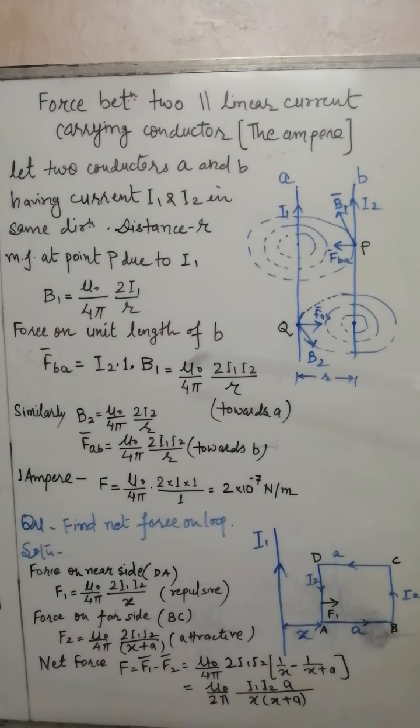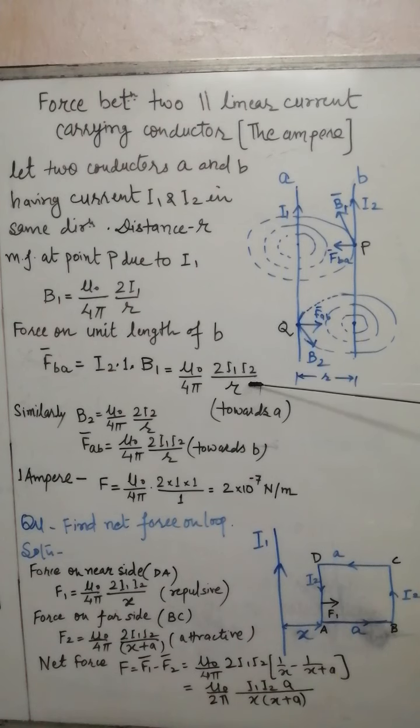L is the length, and we have taken unit length, so 1 into B1, the magnetic field due to the first conductor. Putting the value of B1, we will get mu naught by 4 pi into 2 I1 I2 by R.